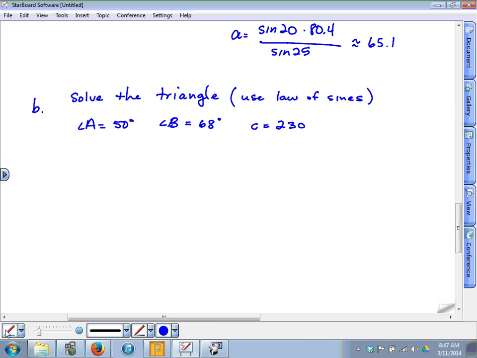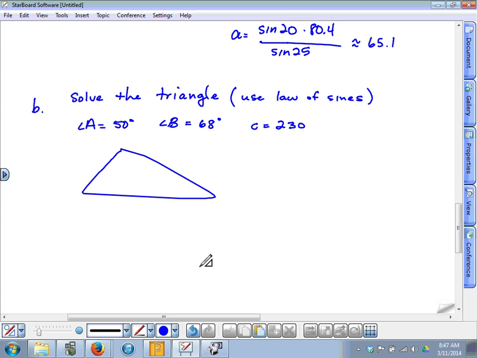Now, you don't have to draw a triangle, nor do you have to really see a triangle, but for some students it helps to visualize. So just draw a random triangle and label the vertices however you want: A, B, C. But then once you label the vertices, you've got to make sure to put the correct measurements in there. If I'm calling this vertex A, then that has to be 50 degrees.